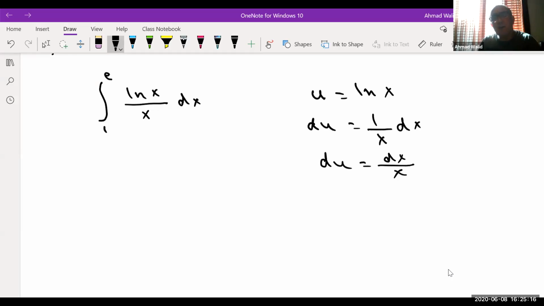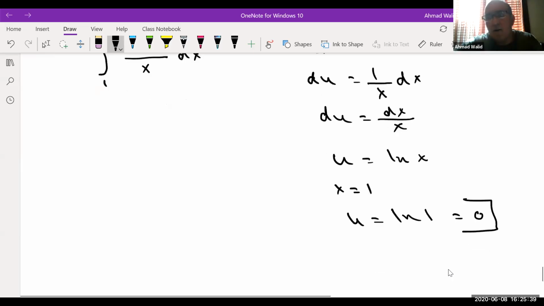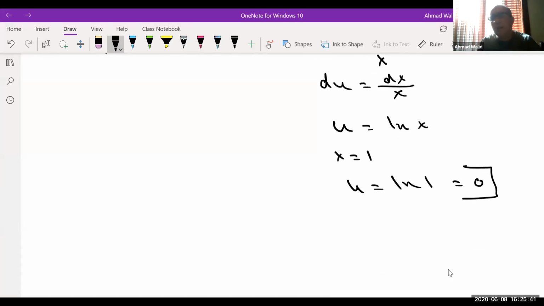If I change the lower bound and upper bound, u is equal to ln x. When x is equal to 1, the lower limit, I will plug in 1 here and see how much u is. u equals ln of 1, which gives you what? 0. This 0 will be my new lower bound.